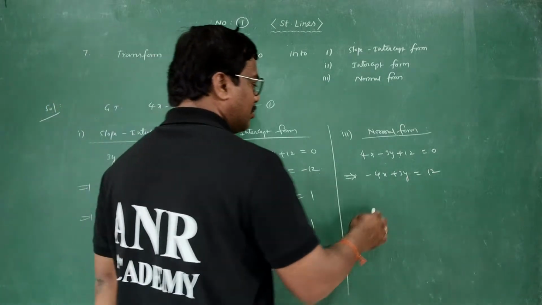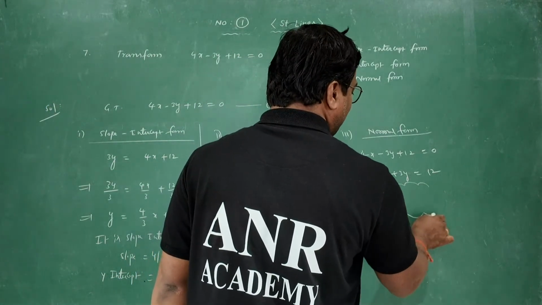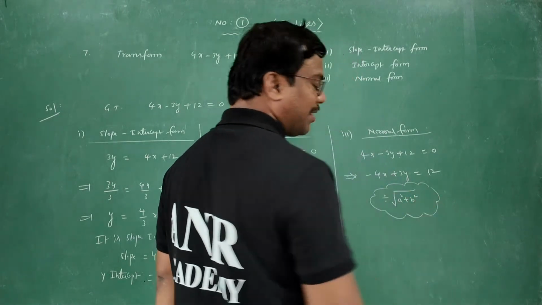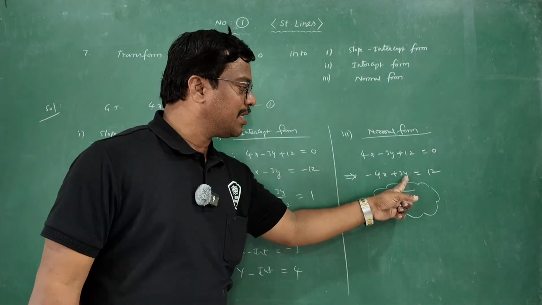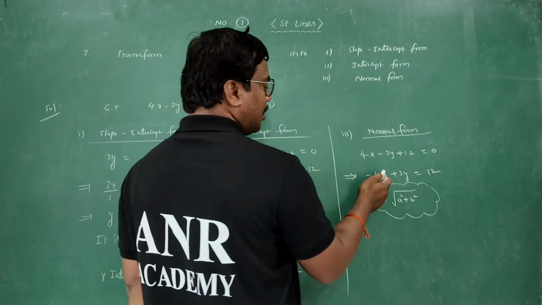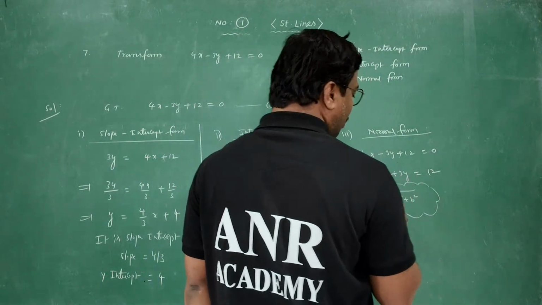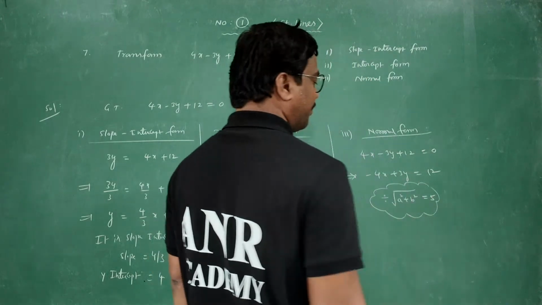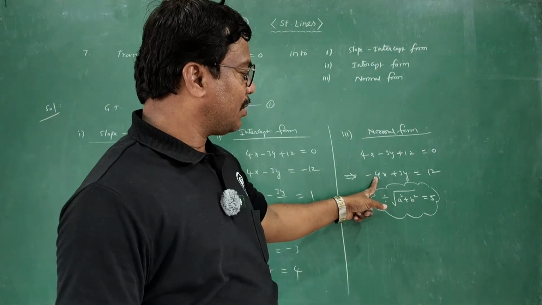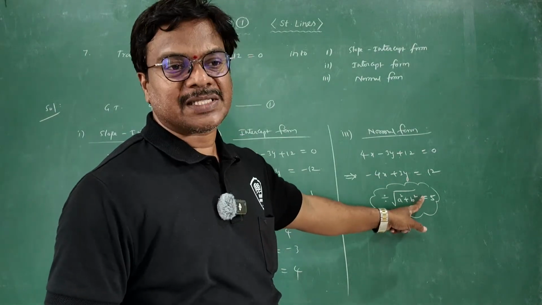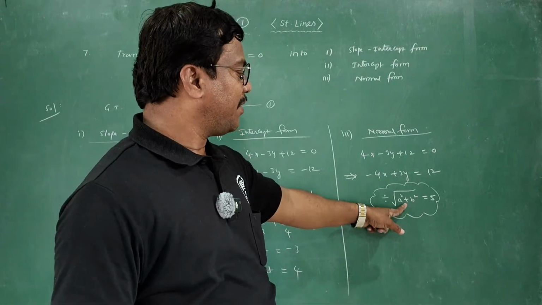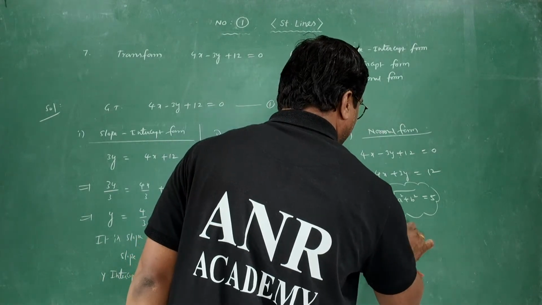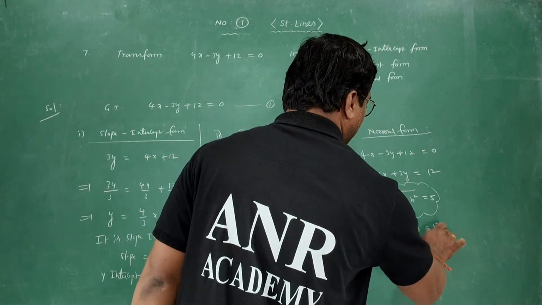So to convert it into normal form, always remember you have to divide each and every term with root over a square plus b square, where a is the coefficient of x and b is the coefficient of y. This is root over 16 plus 9, that is root over 25, which gives 5. So by dividing each and every term with 5, it converts into normal form.